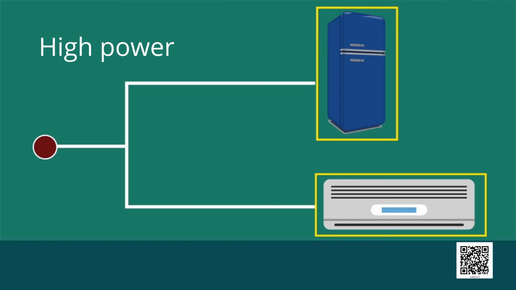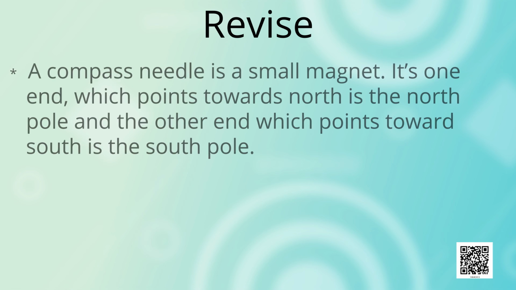Let us now quickly revise whatever we have learnt in our chapter. Today we have learned that a compass needle is a small magnet. Its one end, which points towards north, is the north pole, and the other end, which points towards the south, is the south pole.